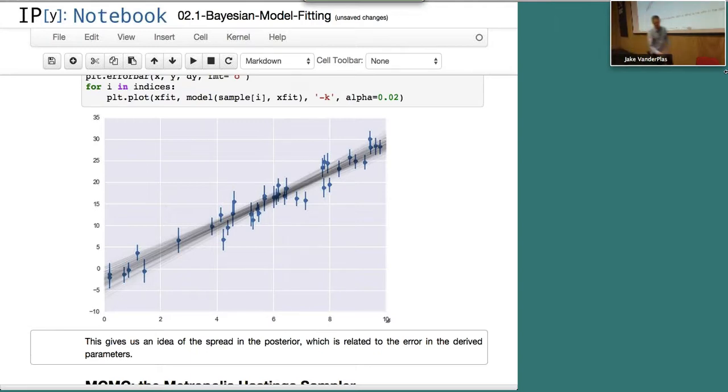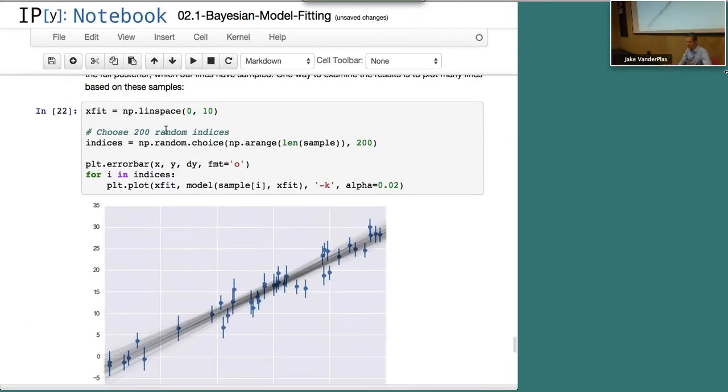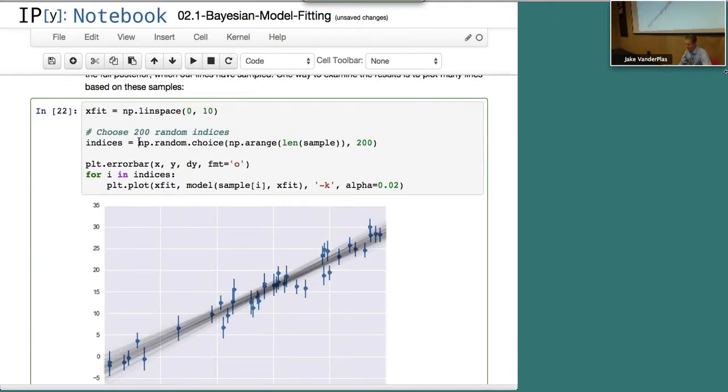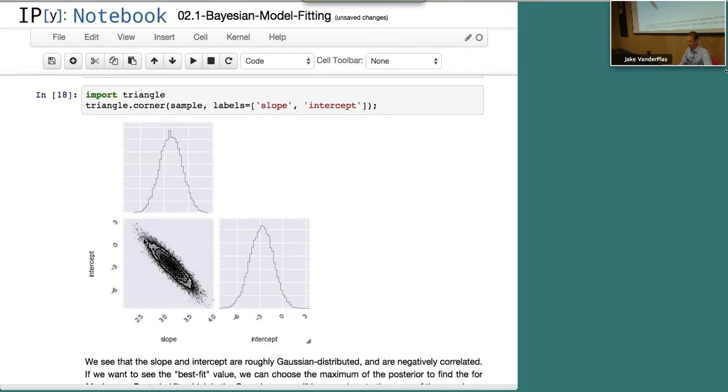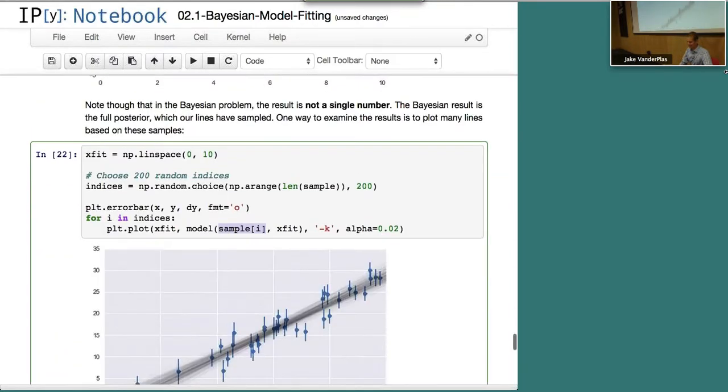The way I did this, instead of taking the mean and plotting it, I choose 200 random indices. So I take the range of the number of samples, and I use random.choice, and I choose 200 of those. And then I plot the data, and for each of these indices, I plot whatever those sample parameters are. So I'm choosing one of the points from this plot right here, and plotting that.